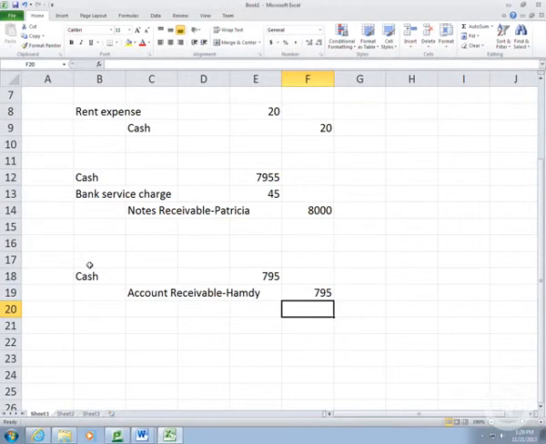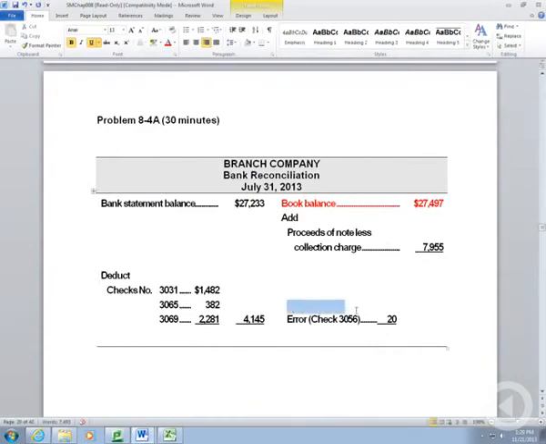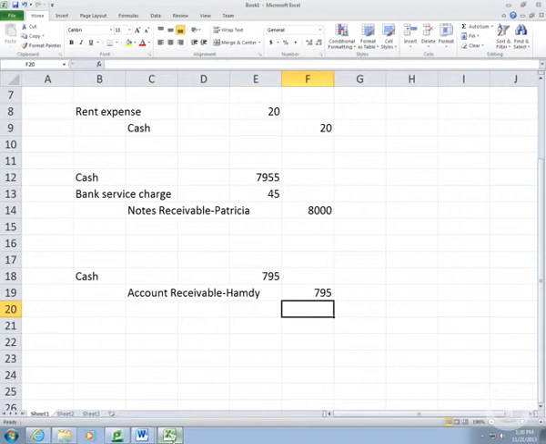Is it $795 or $805? $805, because I was not aware of it. So they reduce my balance with the $795, and they charge me a $10 fee. So first, let's reduce the balance, then do the entry. I'm going to deduct $805 non-sufficient check.